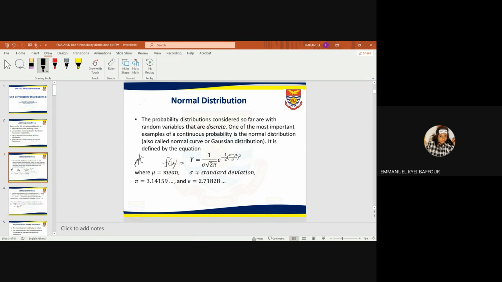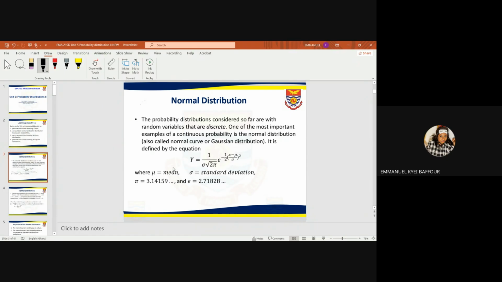But in this case, it's not about integrating, but about being able to make some calculations with regard to the mean of that particular distribution and its standard deviation. The normal distribution simply has to do with the number of standard deviations a particular score has from the mean.